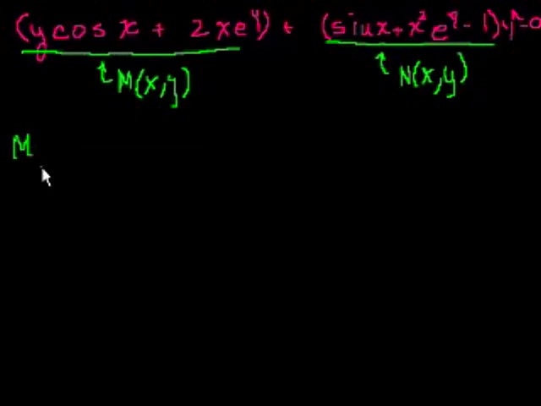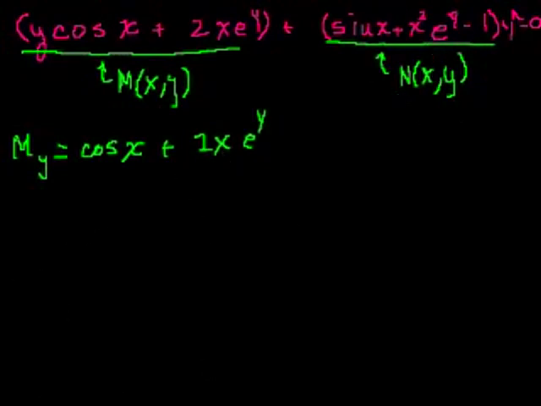The partial of M with respect to y is equal to, y is the variable, so this cosine of x is just a constant, so it's just cosine of x plus, now, what's the derivative? Well, 2x is just a constant, and what's the derivative of e to the y with respect to y? Well, it's just e to the y, right? So we have the constant on the outside, 2x times the derivative with respect to y, so it's 2x e to the y. Fair enough.